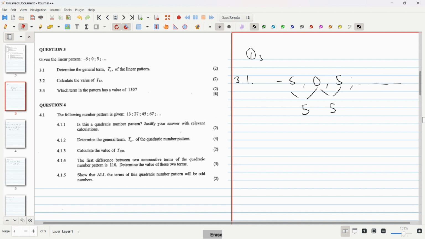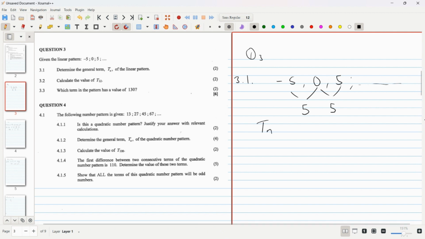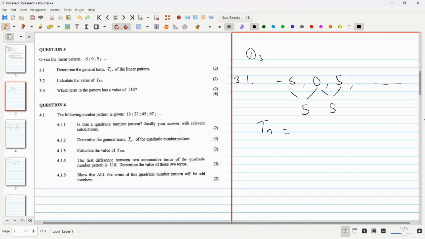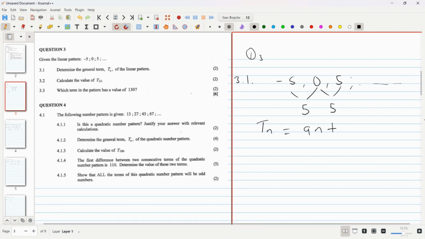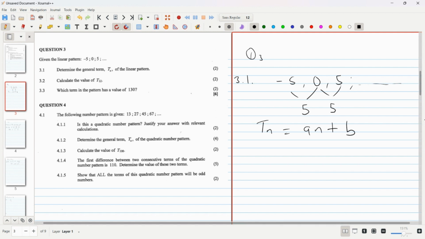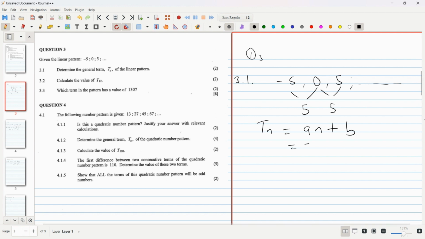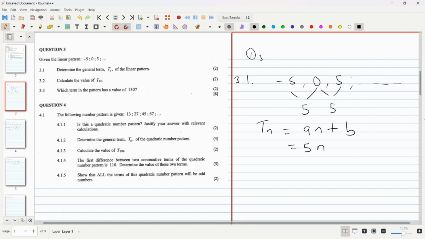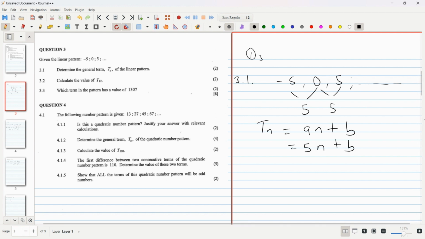So for us to write the general formula, we have Tn equals an plus b. In grade 11, this is the formula that we need to use to find the general formula of the linear pattern. 5 is our constant difference, so 5n plus b.